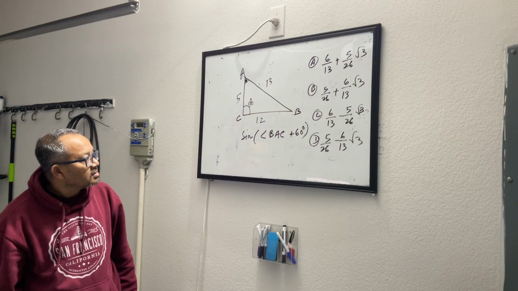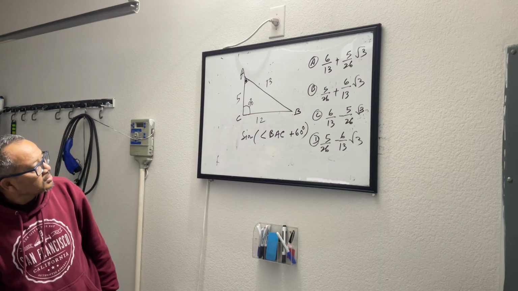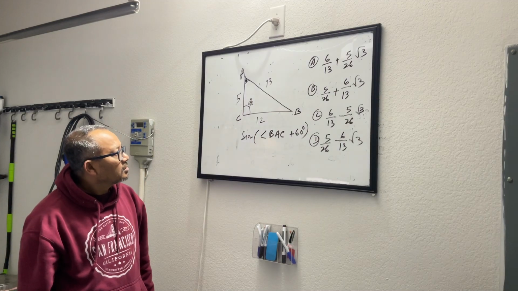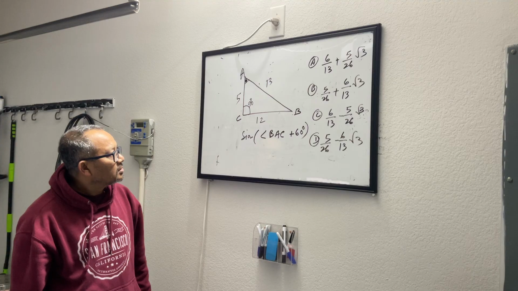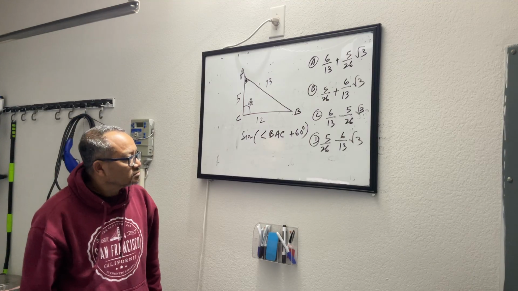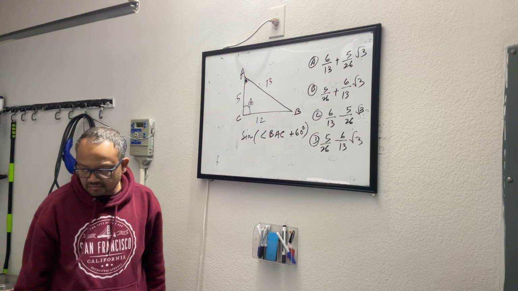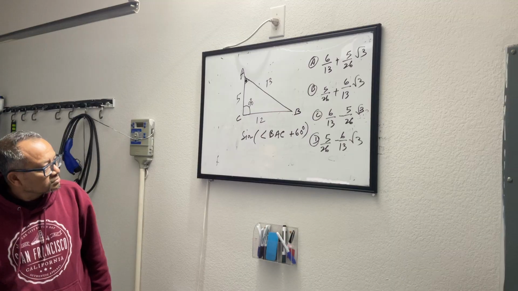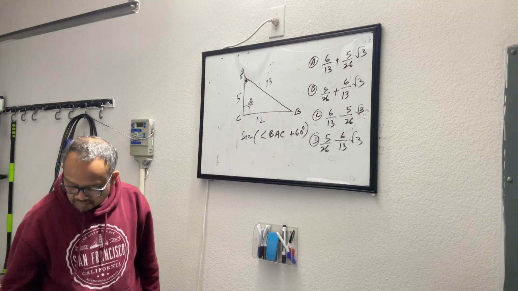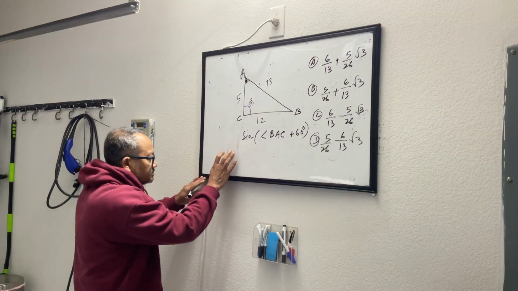So sine of BAC would be equal to 12 over 13. And we know that sine of A plus B is equal to sine A times cos B plus cos A times sin B. Something like that.